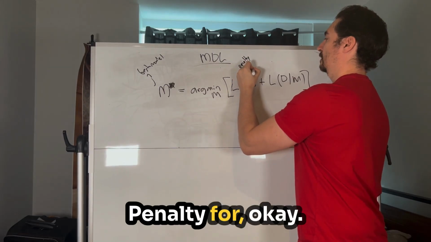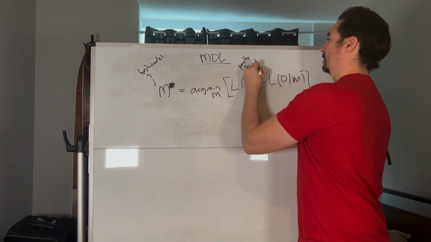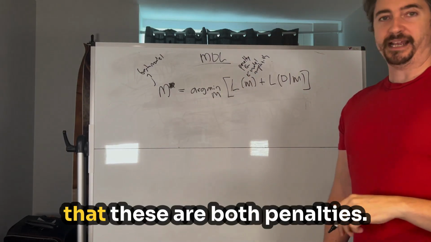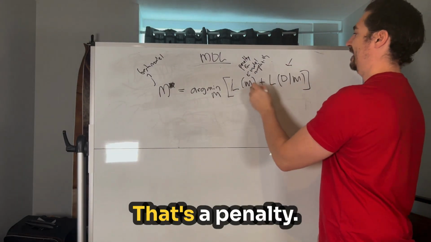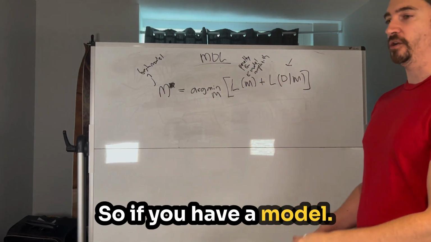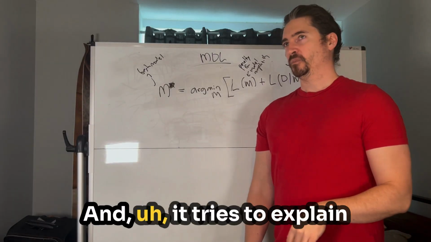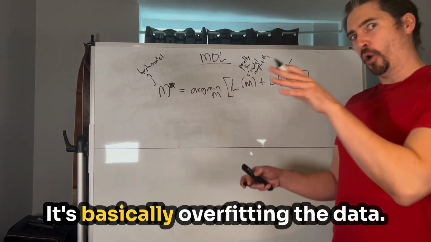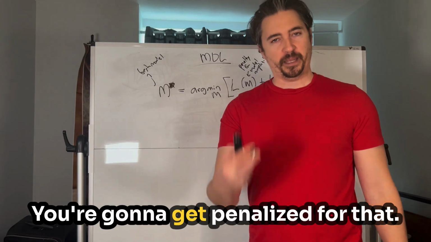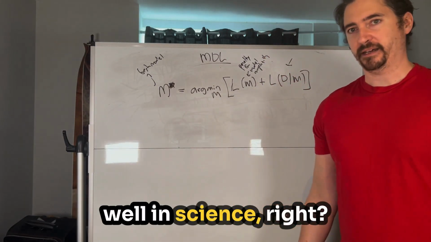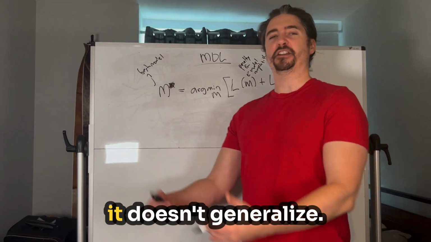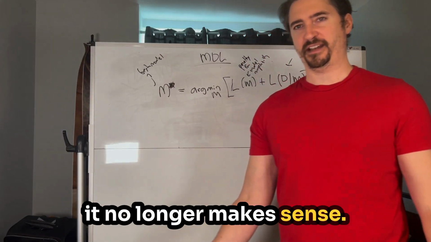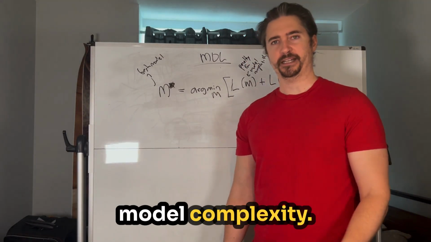So these are both penalties. That's for model complexity. If you have a model and it tries to explain every possible thing at every possible angle, it's basically overfitting the data, and you're going to get penalized for that. That doesn't work well in science, right? Because it explains everything and then it doesn't generalize well. You go to put it in a new situation, it no longer makes sense. So you want to penalize model complexity.